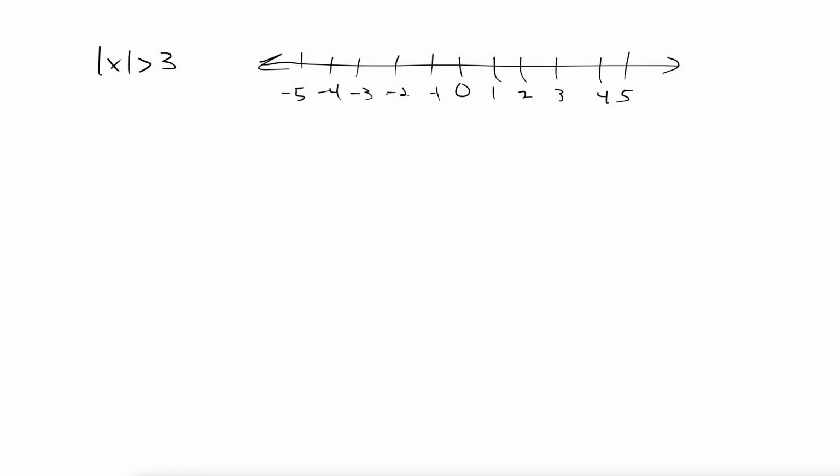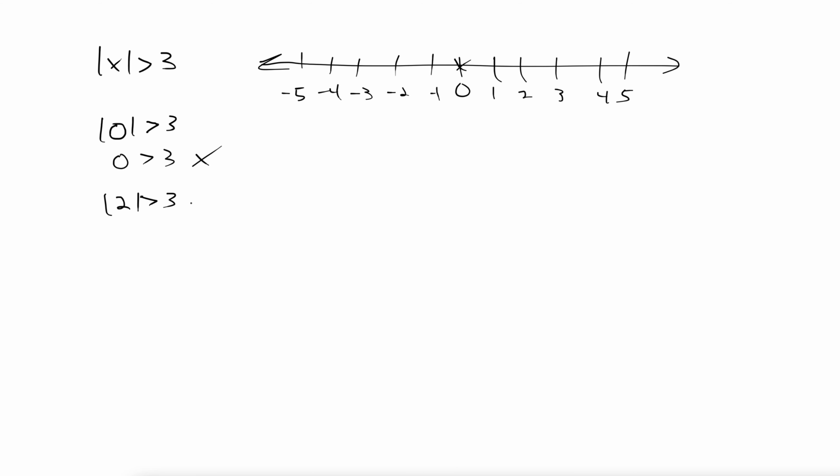Okay, so here we could just test some points. Let's try 0. Is absolute value of 0 greater than 3? Is 0 bigger than 3? Nope, so 0 is not in there. Is absolute value of 2 bigger than 3?